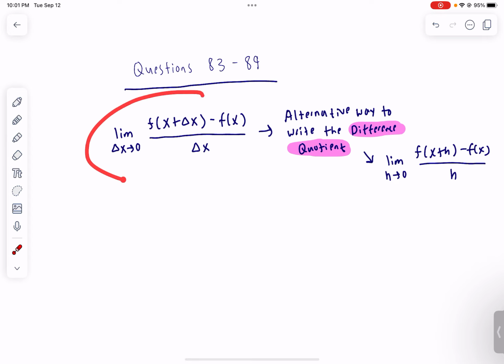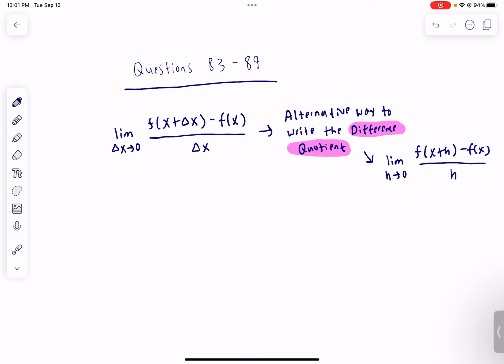So here, instead of using h as that variable, what they're using here is delta x, which will represent the same thing once we explain what the difference quotient means in the context of calculus. So delta x and this h are interchangeable, and that's an important point I want to make.